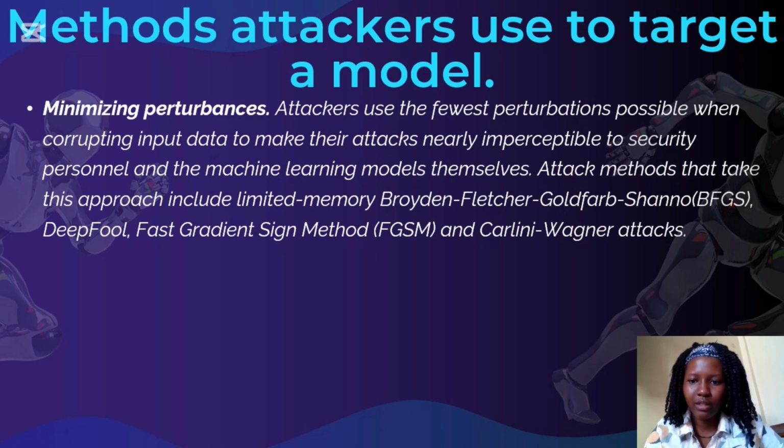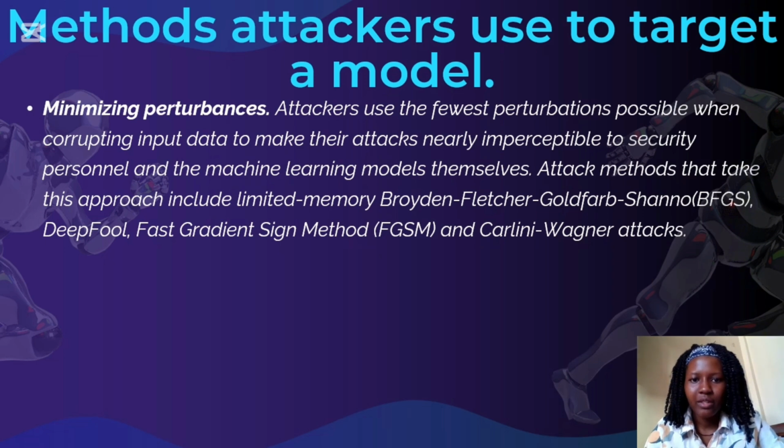So what do they exactly do during the BFGS? You could say that they first define the goal, a small perturbation that is added to the original input. Say our machine learning model is looking at a signpost, what could we put into that data so that it could misclassify it?